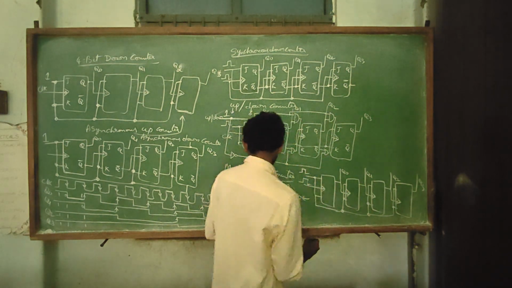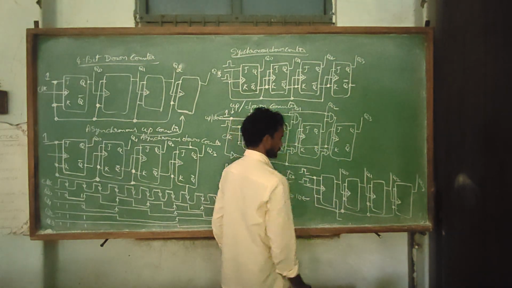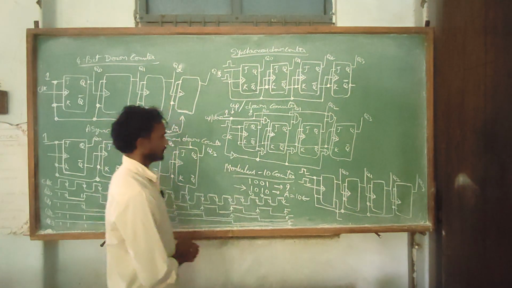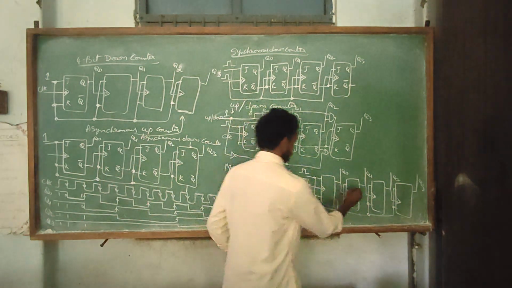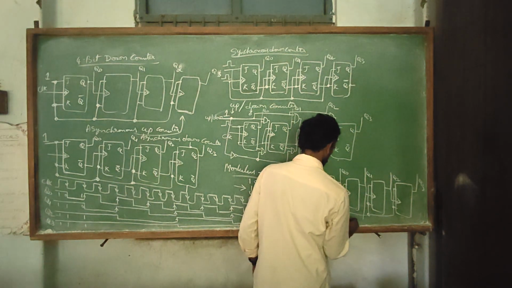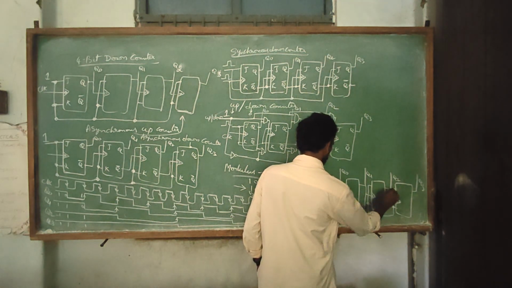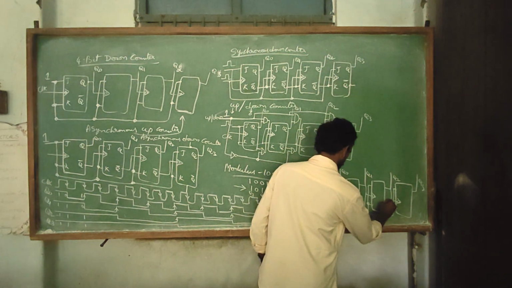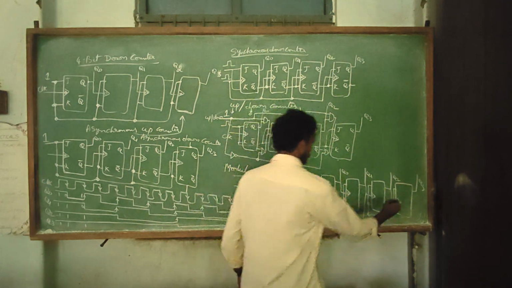So I am taking Q0 bar, direct Q1, then Q2 bar, then direct Q3.